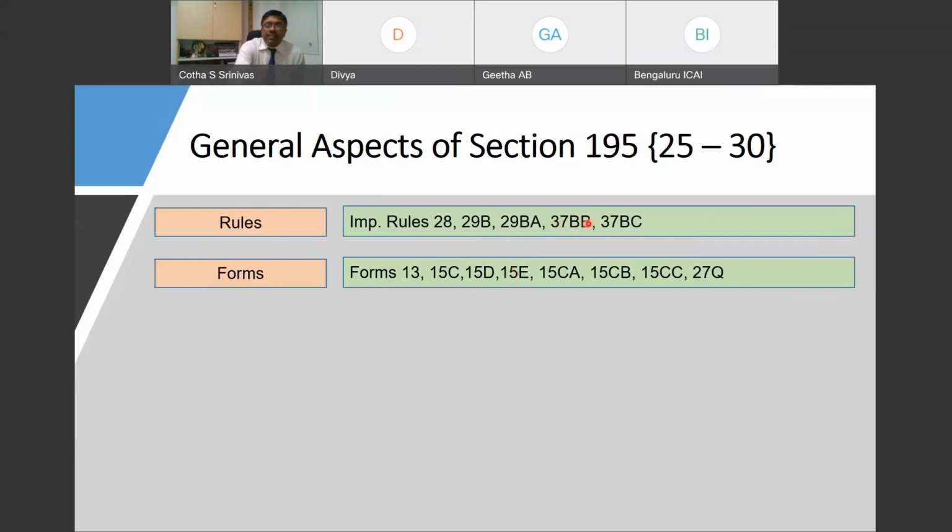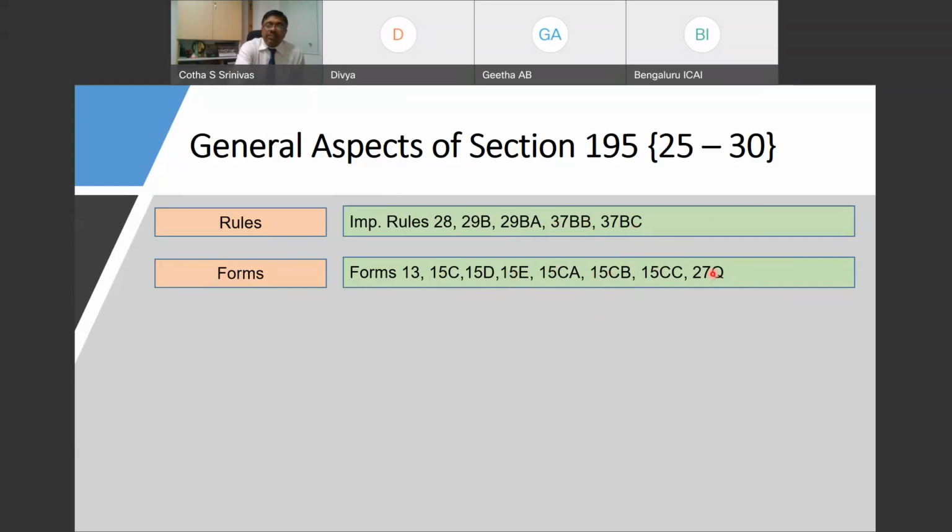Then 37BB is a rule with respect to the additional information that needs to be furnished by the deductor, that is in Form 15CA and 15CB. This is the authorized dealer who has to file a return in Form 15CC. Then 37BC covers some exceptions, like the requirement of PAN.